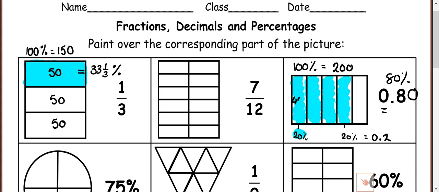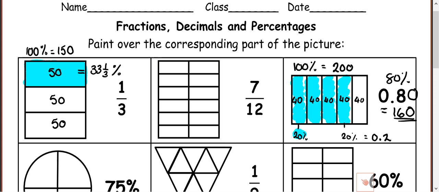So this would be 40, 40, 40, 40, and 40. So 80% of 200 is 160. Okay?